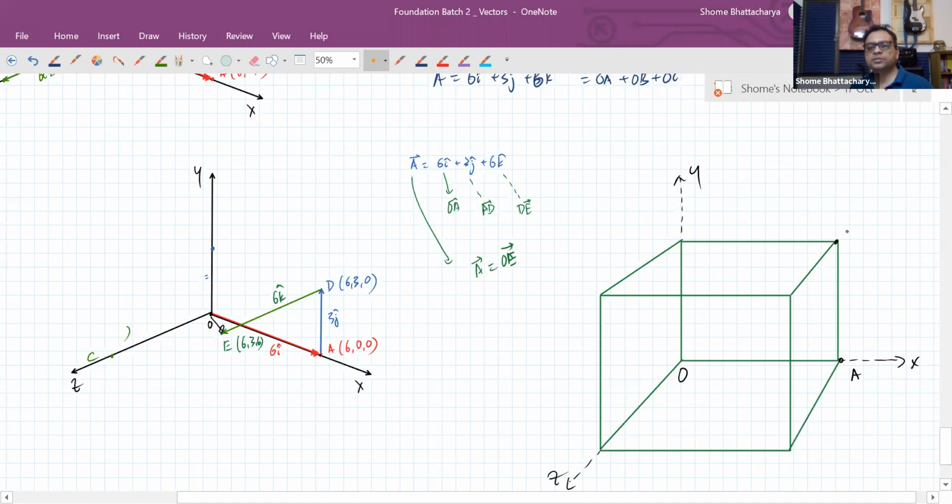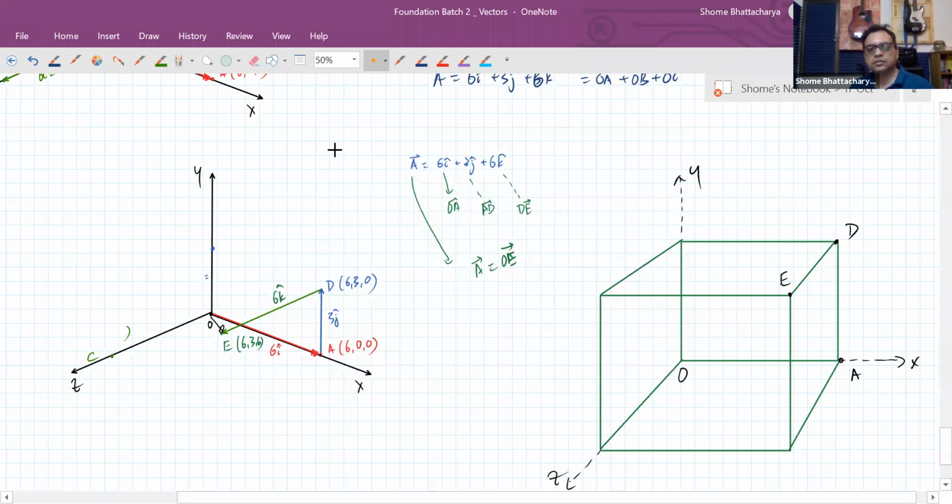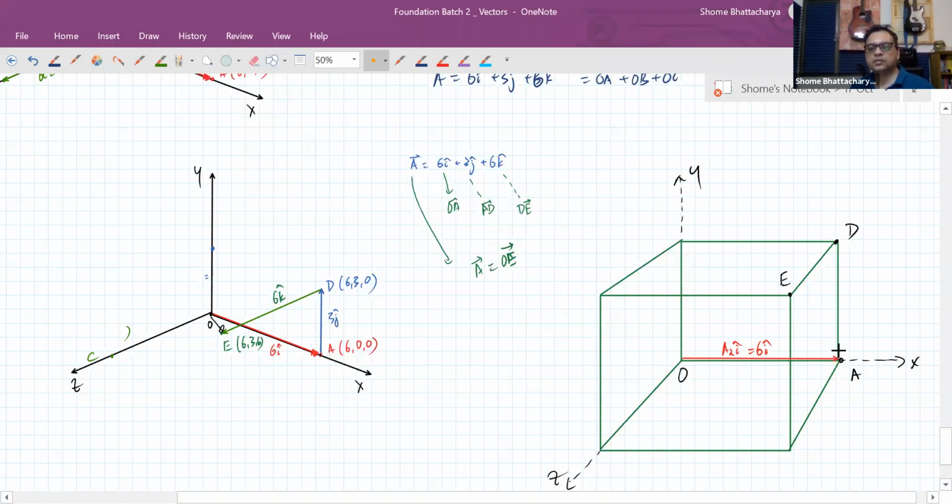This point is our point D, and this point is our point E. You can see that this is the vector AX i cap, which in this case is 6 i cap. Then this is the vector AY j cap, which is in our case 3 j cap.